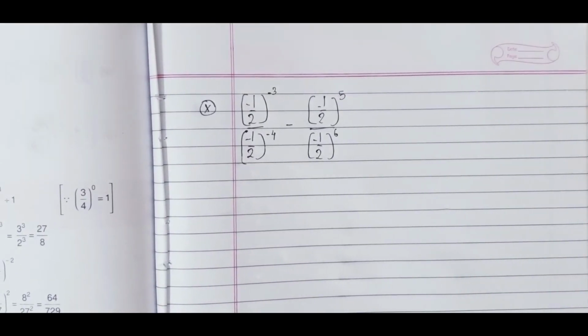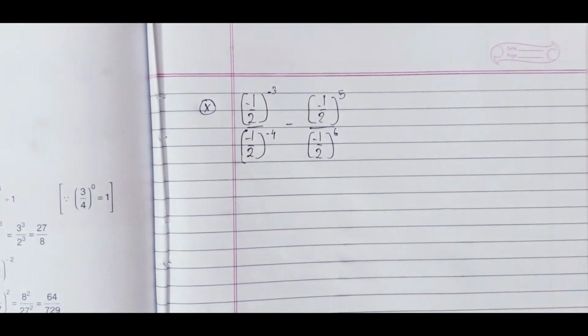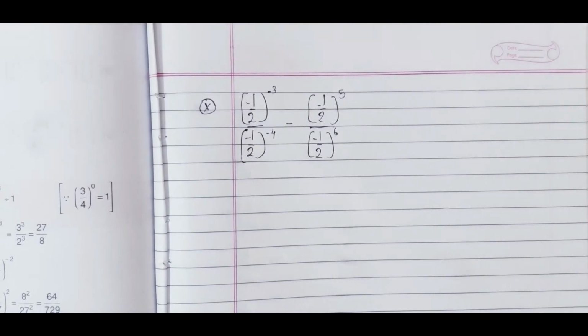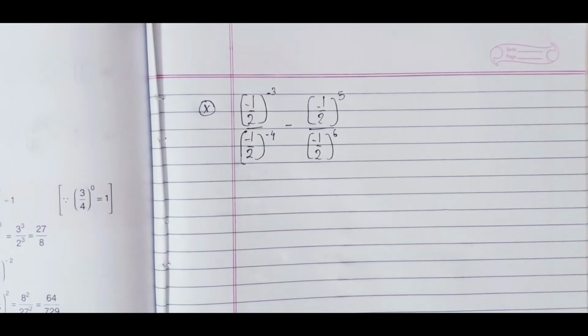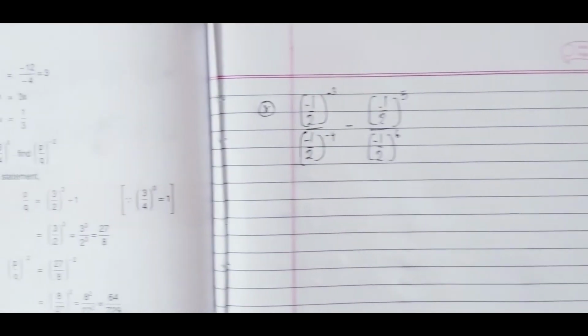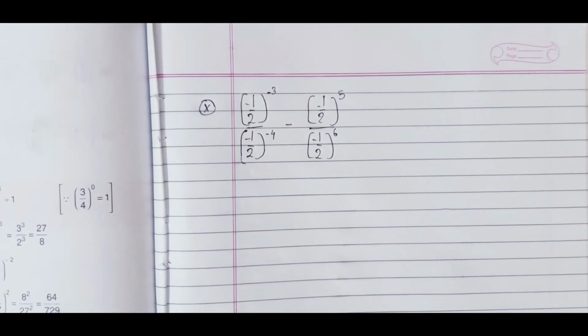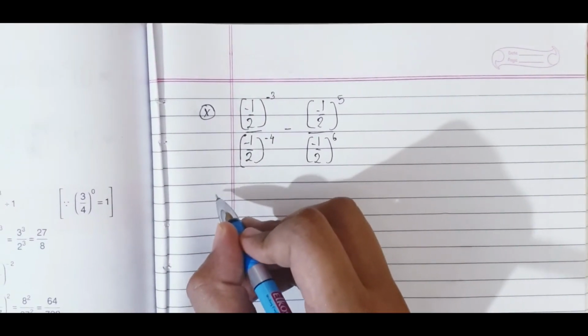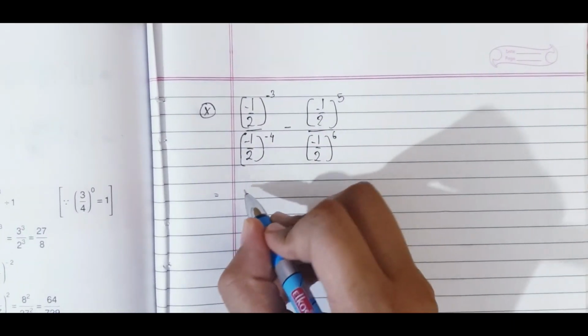Guys, our 10th question is (-1/2)^-3 by (-1/2)^-4 into (-1/2)^-5 by (-1/2)^-6. This is something tricky, but I know the solution. First we will make the powers positive.